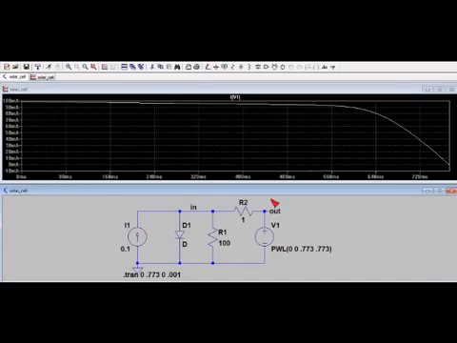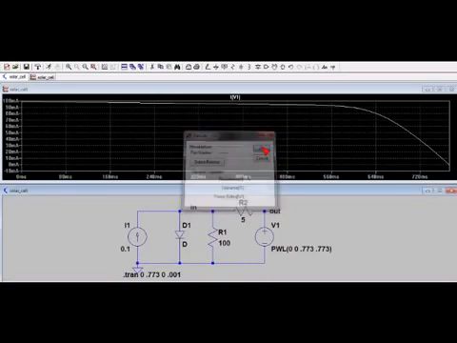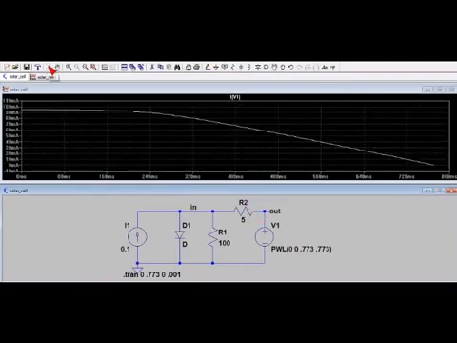So let's see what happens if we change the value of this series resistor. Let's make it larger and see what happens. Let's go from 1 ohm to 5 ohms and see what effect that has on the performance of the solar cell. So let's rerun this.